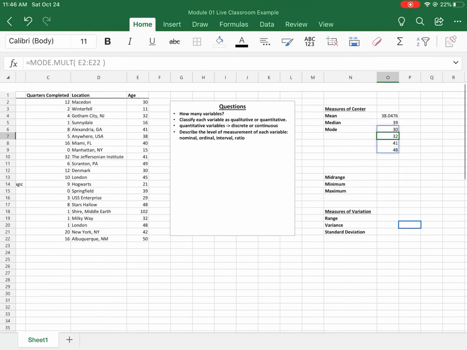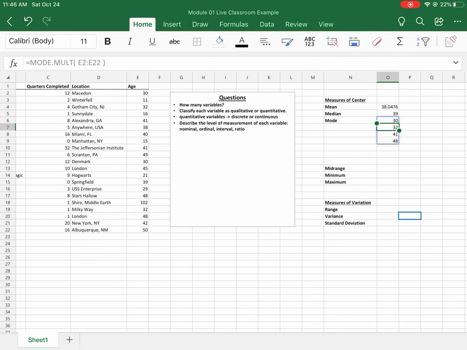And if you notice here, mine gave me those, so that's when I know that there are multiple modes. It's going to be 30, 32, 41, and 48. Now, I have a more updated version of Excel, so it automatically does that. With yours, you may have to select the cells and hit insert or highlight them, so then you can get all your answers there. So make sure you use the MODE.MULT.